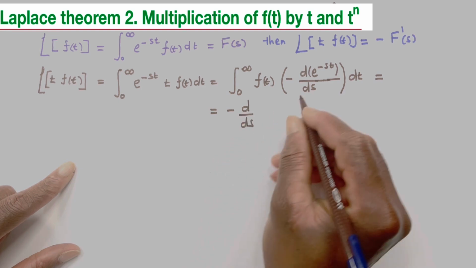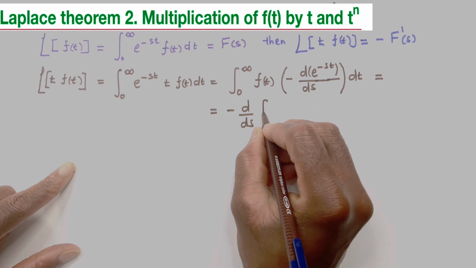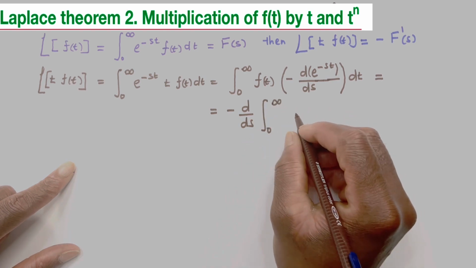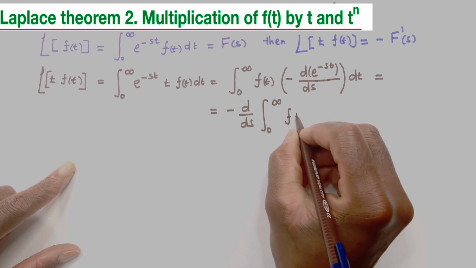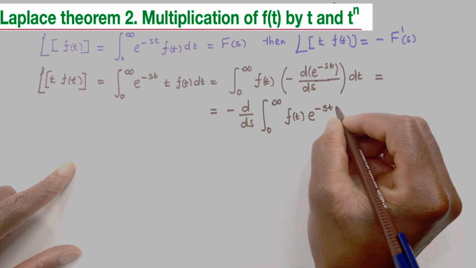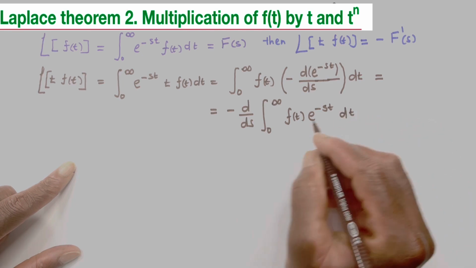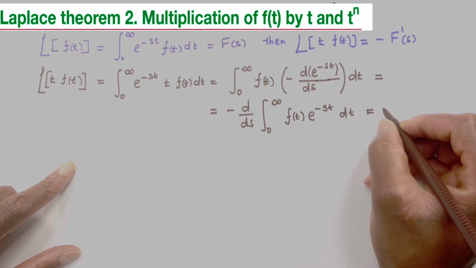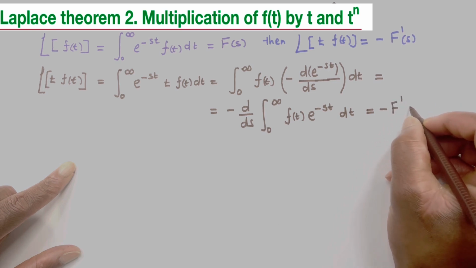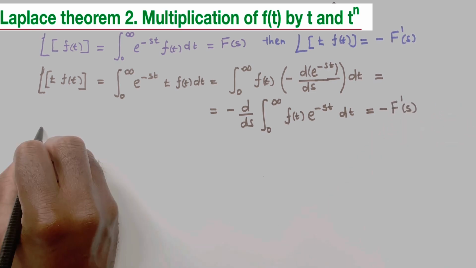This is the operator, bring it out, and then integral 0 to infinity f of t e to the power minus st dt. And that integral is basically minus derivative of f of s.